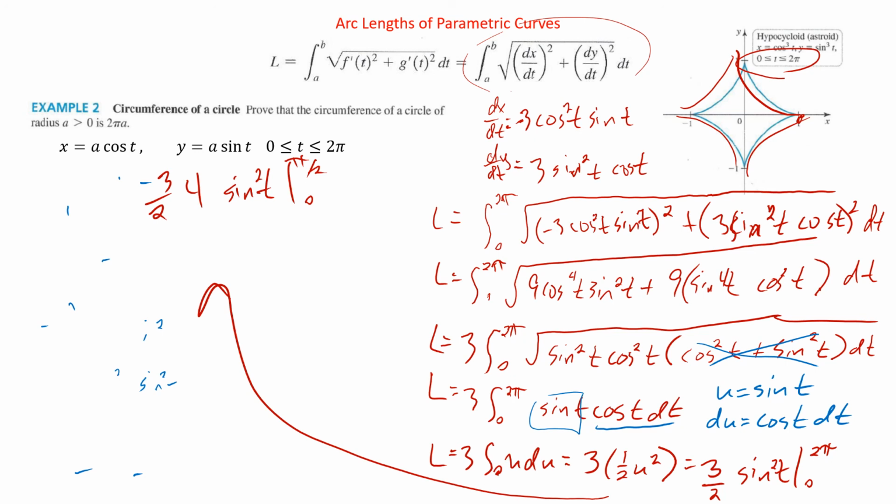Now we can plug in pi over 2 to get 1, minus plug in 0 to get 0. 3/2 times 4 is just 6, so we have 6 times 1, which means that the length of this particular hypercycloid is 6. Is it coincidence that it's 2 times that distance 3? I guess you'll have to find out.